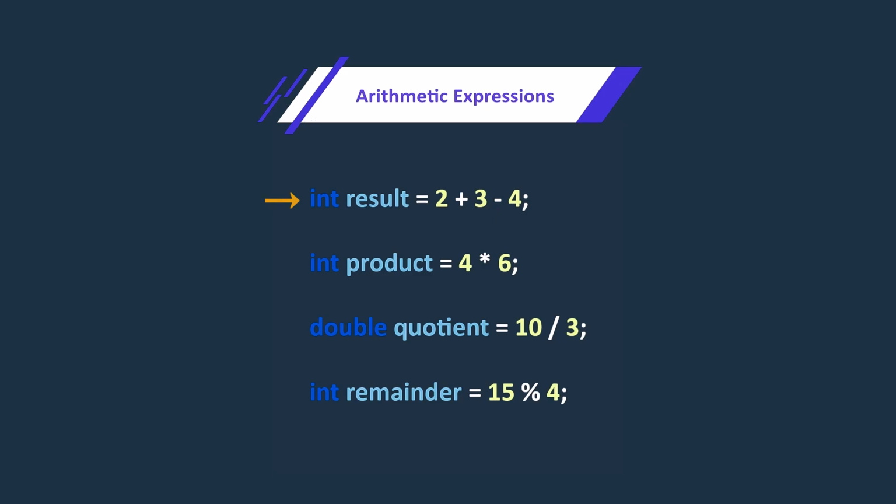In the first example, this expression combines values and the addition and subtraction operators to produce a result of 1. As you can see, an expression can be a part of a statement. In this case, 2 + 3 - 4 is an expression that generates a value and the whole line is a statement.